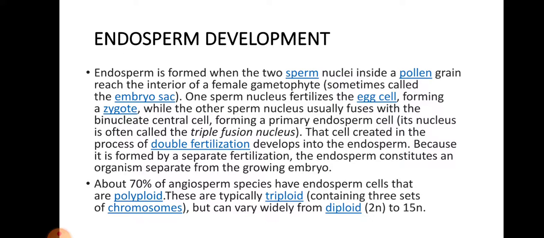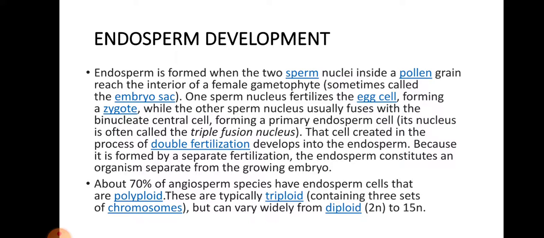Endosperm is formed when the two sperm nuclei inside the pollen grain reach the interior of the female gametophyte, sometimes called the embryo sac. One sperm nucleus fertilizes the egg cell, forming a zygote, while the other sperm nucleus usually fuses with the binucleated central cell, forming a primary endosperm cell.